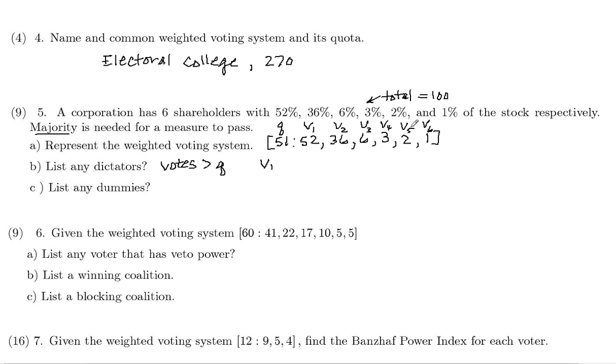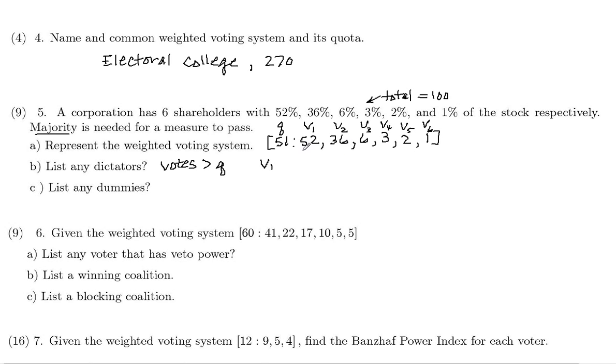And remember, a dummy is a voter that has no influence, no power in the election. So voter 6, it doesn't matter what they do, because voter 1's a dictator. So whatever they say goes. Same thing with voter 5 and voter 4 and 3 and 2.